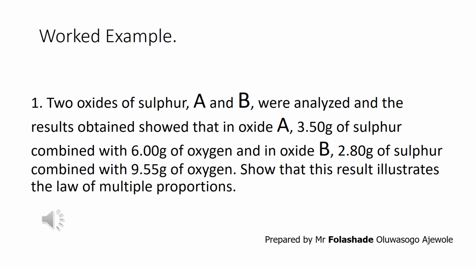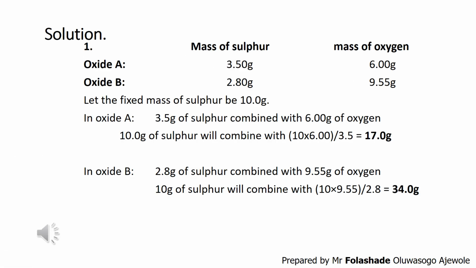Show that these results illustrate the law of multiple proportions. The best way to go about the calculation under this law of multiple proportions is to analyze what you are given in the two compounds. In this case, oxide A and oxide B.